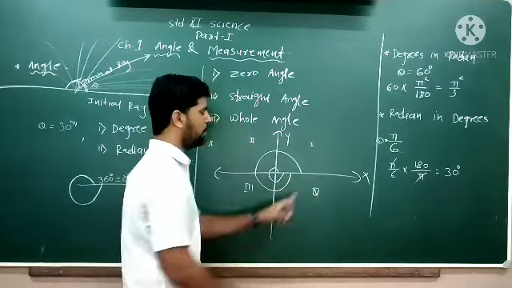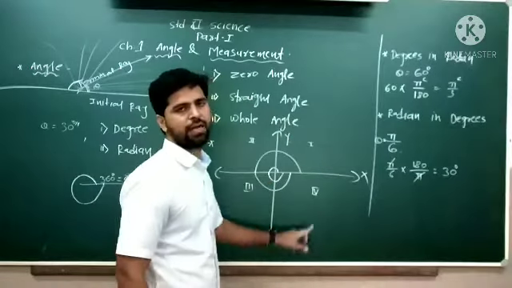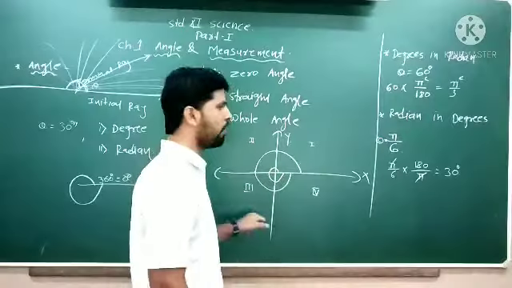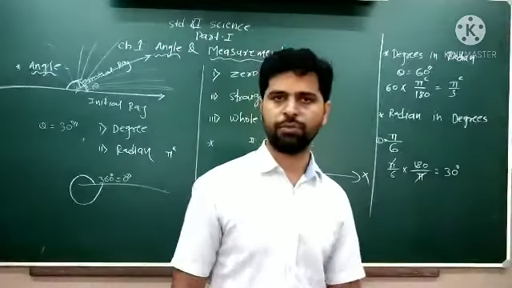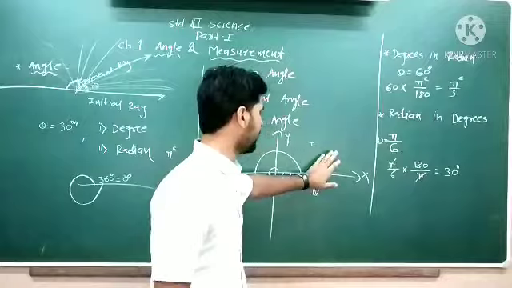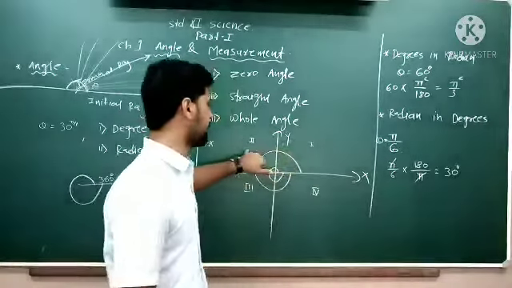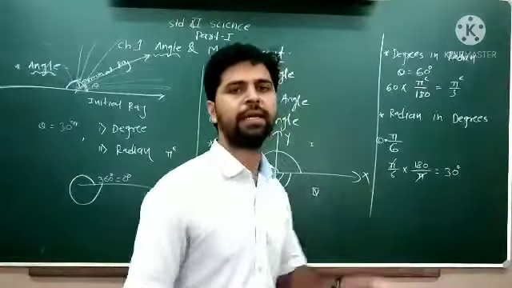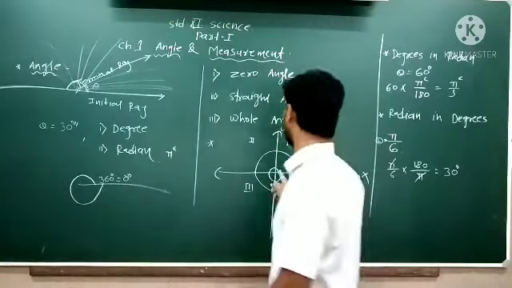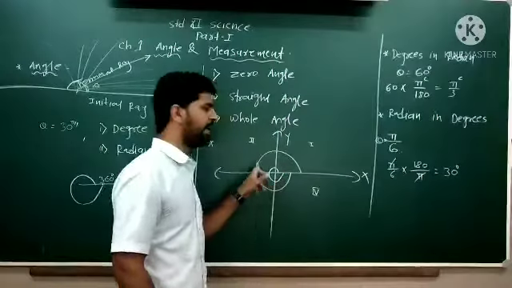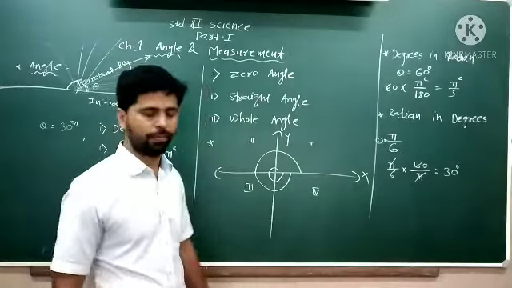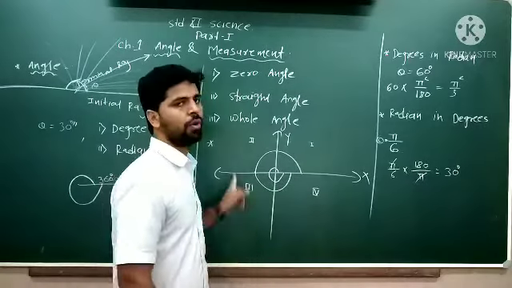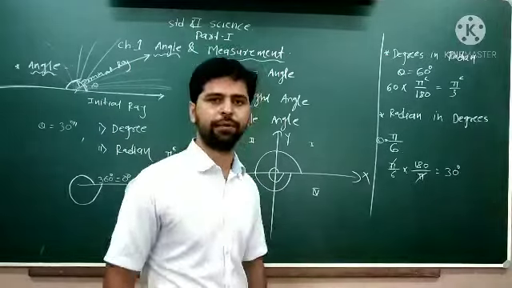So if you go clockwise, your angle will be negative. If you go anti-clockwise, your angle will be positive, because first quadrant is x positive, y positive, second is x negative, y positive, like in that way we are getting.